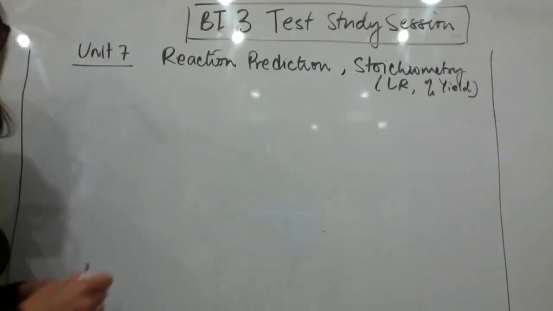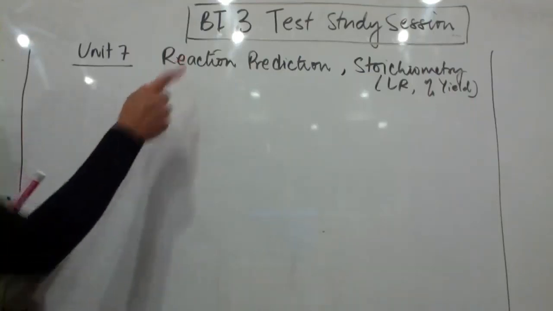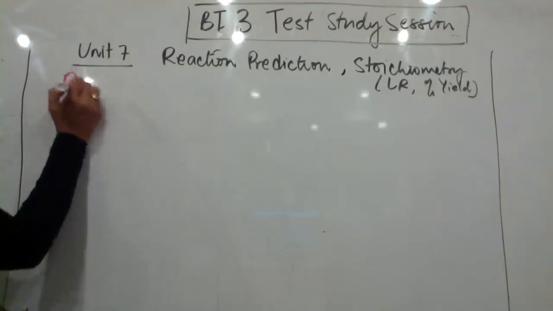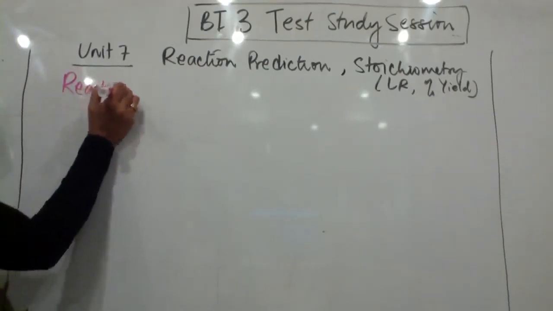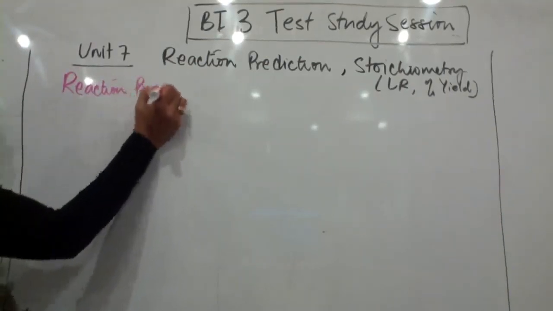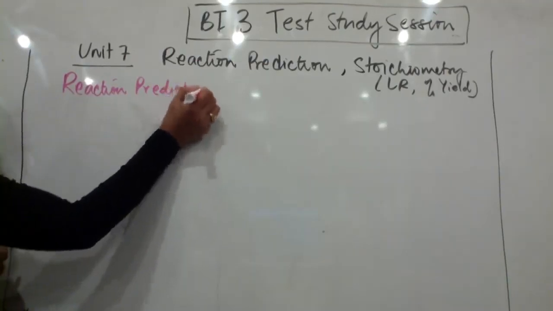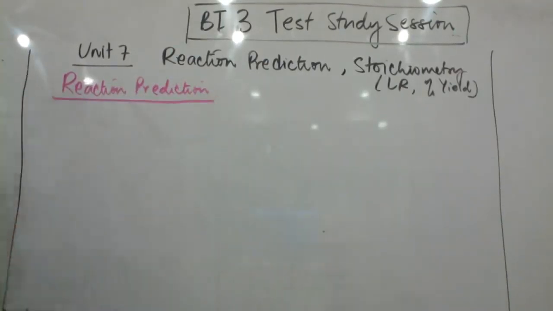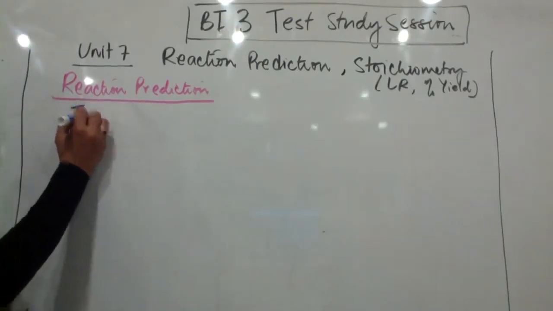Okay, so as we did reaction prediction, first of all, you need to remember what you can dissociate and what you can't dissociate. And you also need to remember types of reactions.